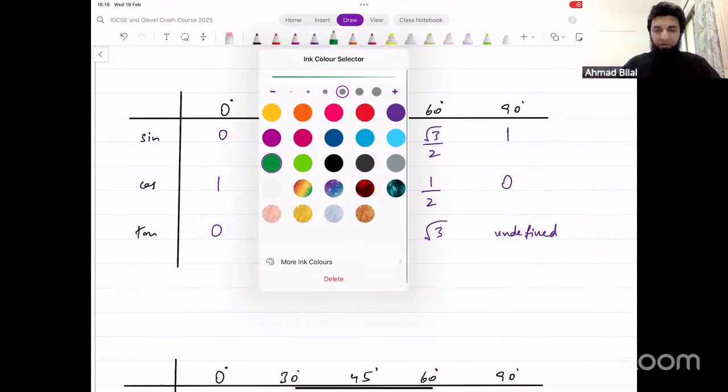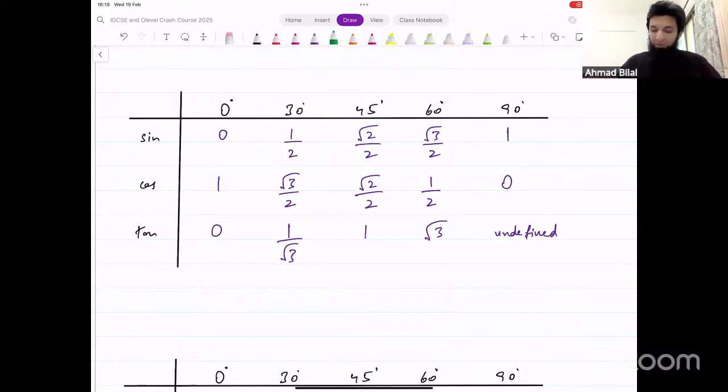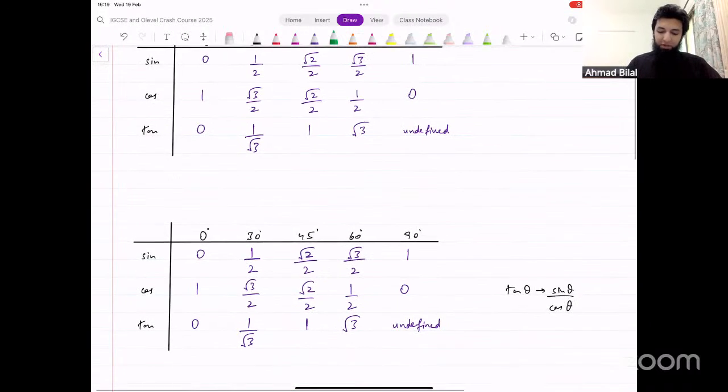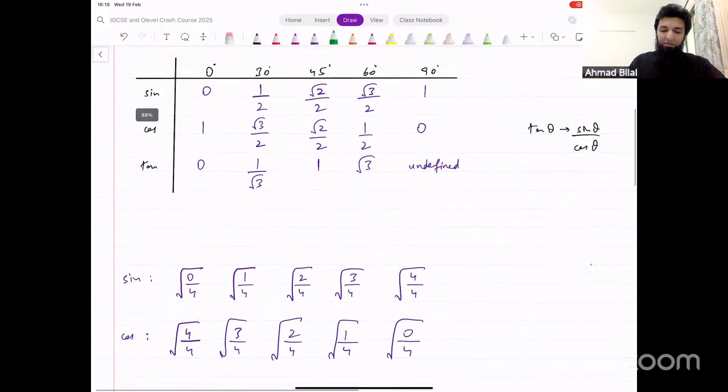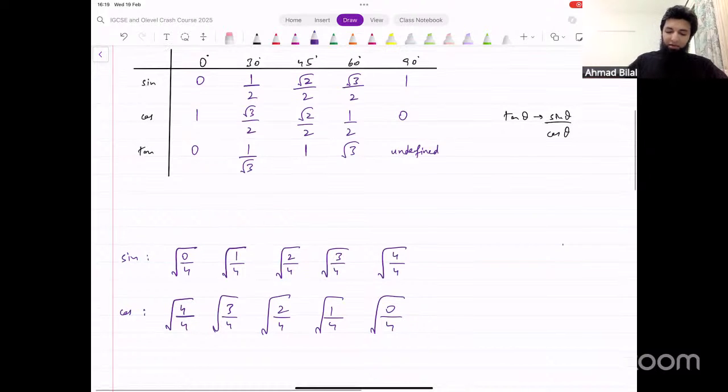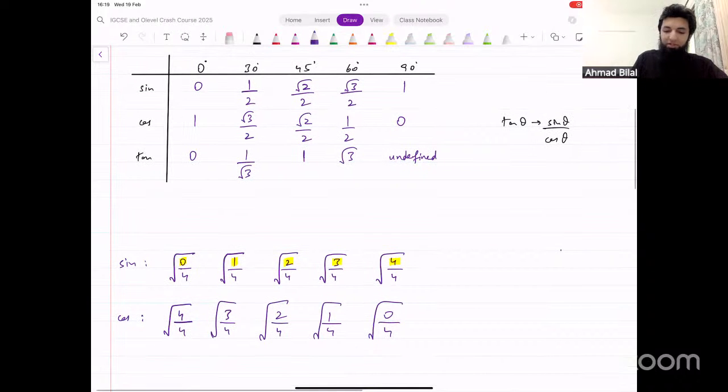If you find it difficult to remember, we looked at a way to remember this. For sine, you write down the numbers 0, 1, 2, 3, 4. These correspond to the common angles: 0, 30, 45, 60, 90.